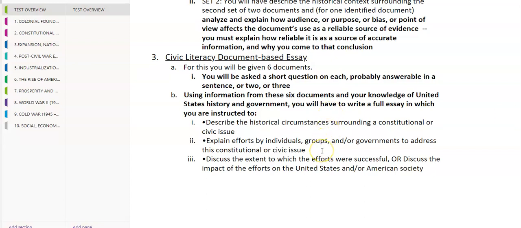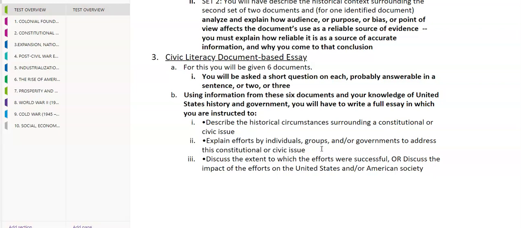Then you have to explain the efforts by individuals, groups, or governments to address this issue. So you have to talk about, for instance, the abolitionist movement to end slavery, and then the civil rights movement, Dr. Martin Luther King, and so on, to address the problem that states were not living up to the 14th Amendment that guaranteed equal protection of the law from after the Civil War.